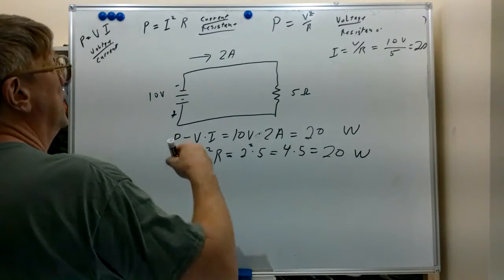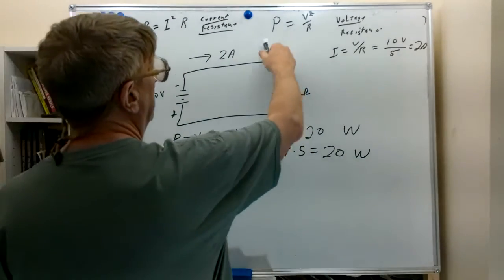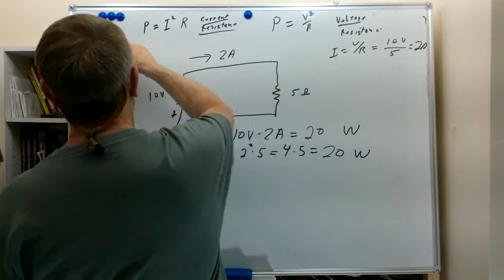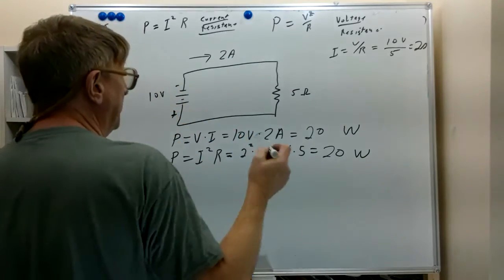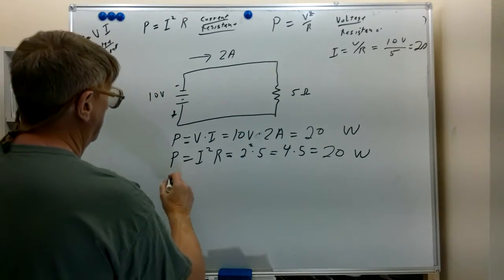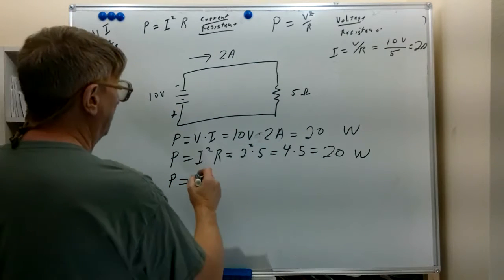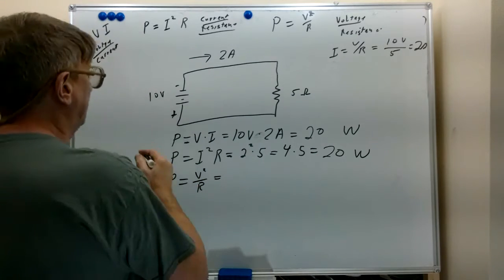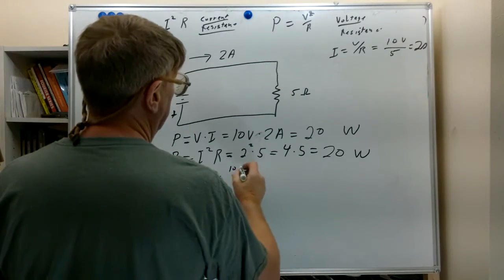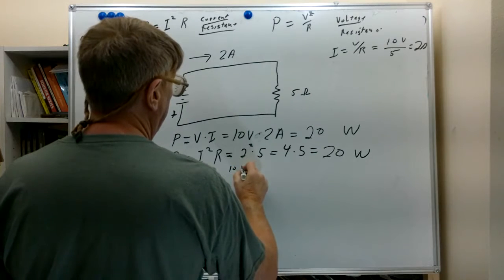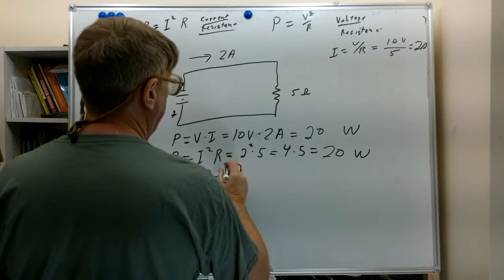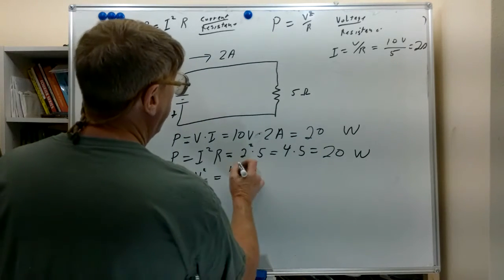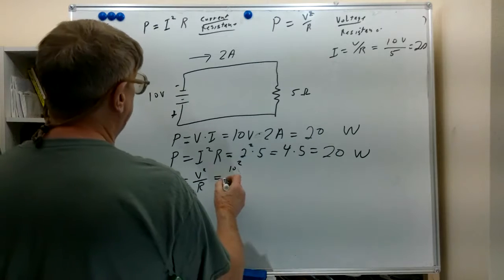Now we're going to use our other formula that we derived a little bit ago. In this case, we substituted V over R into this to get a power formula in terms of volts and resistance. So we're going to write that down here. Power equals voltage squared over resistance. So the voltage is 10 volts, and we're going to square that.